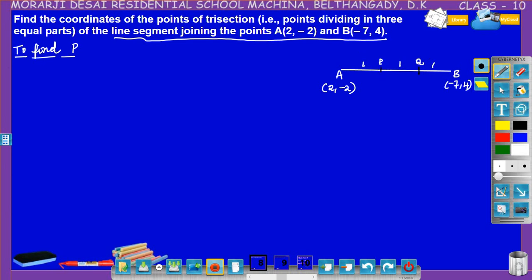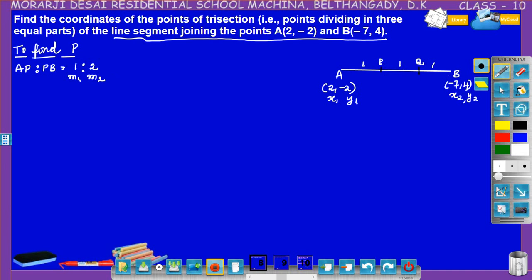You have to write the ratio AP is to PB is equal to 1 is to 2. Take the left end point as x1, y1, the right end point as x2, y2, and the ratio to find point P is m1, m2. m1 is 1, m2 is 2.